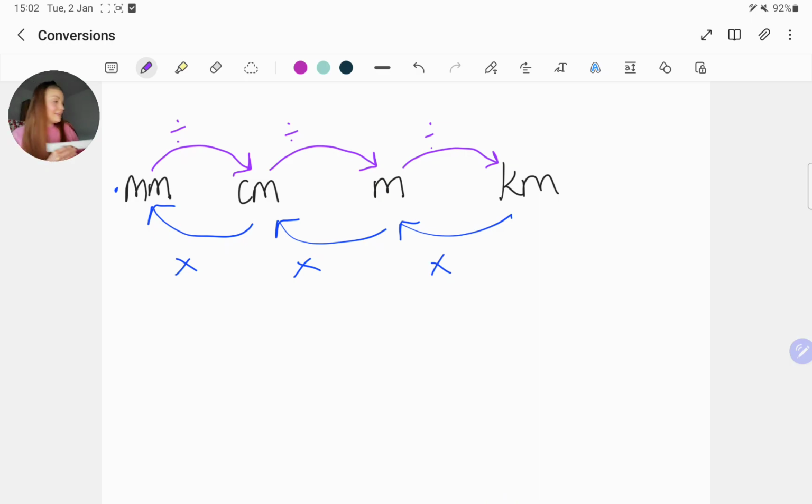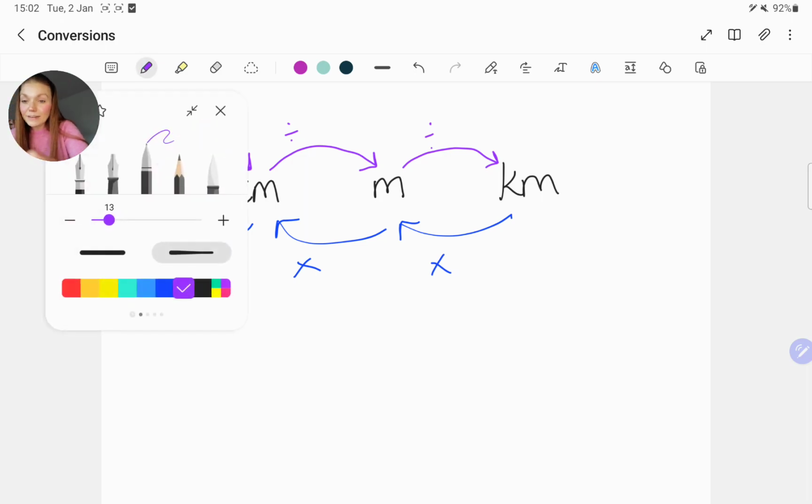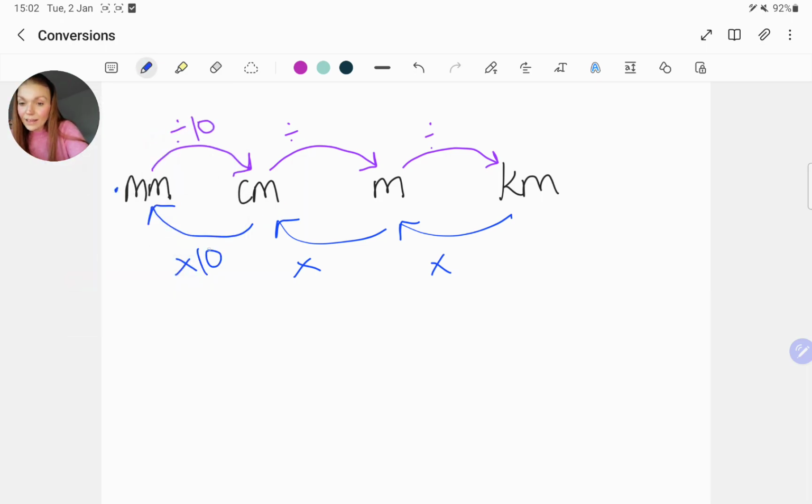So 1 centimeter is 10 millimeters. Therefore, there are 10 millimeters in 1 centimeter. So if I put 10 up there, I put 10 down there. And now we have the conversion between millimeters to centimeters: divide by 10. And to go from centimeters to millimeters, you multiply by 10.